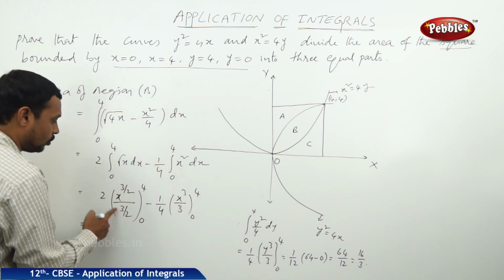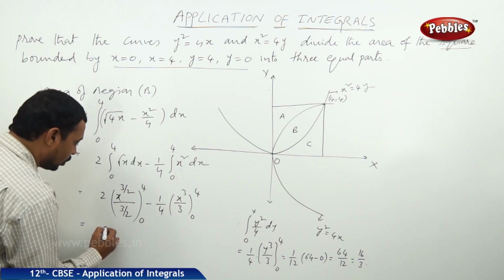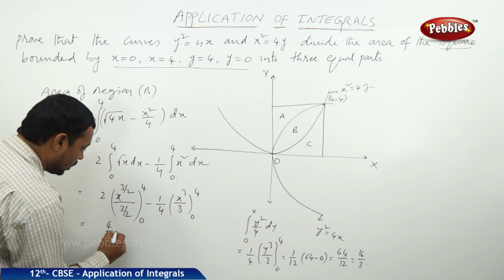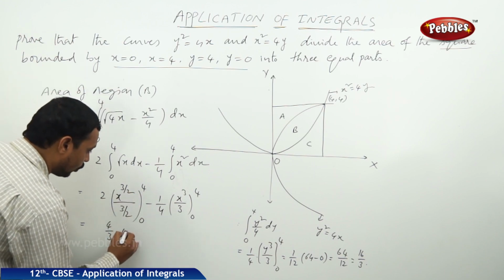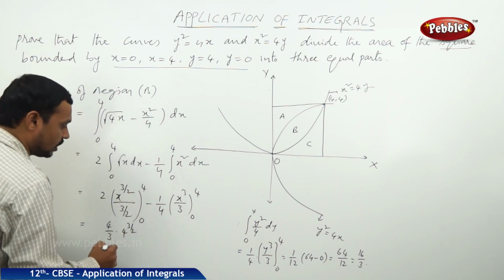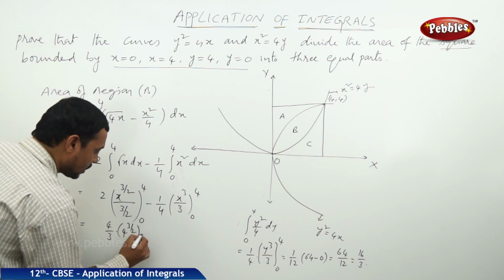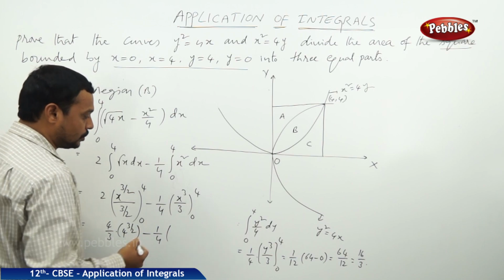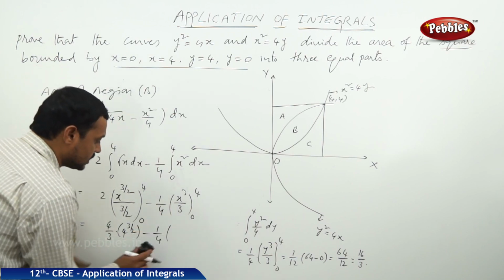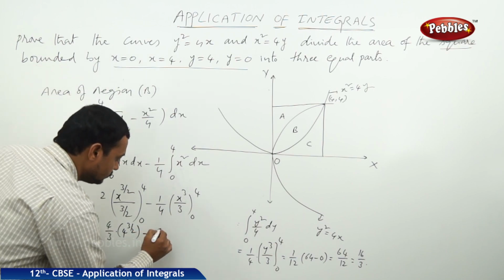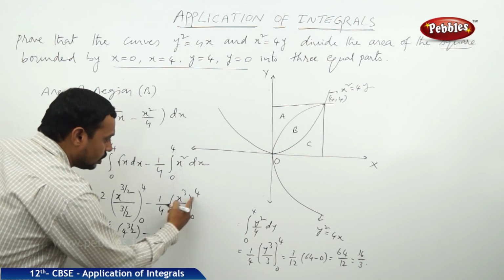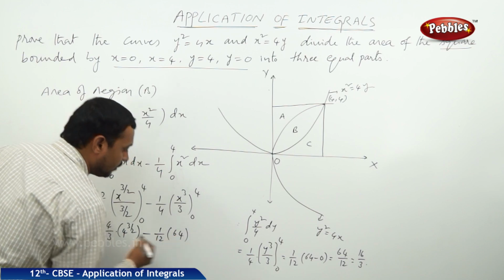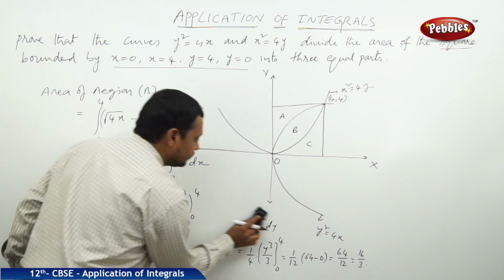Now, this is 2 by 3 by 2 is equal to 2 into 2 by 3, that is 4 by 3 into upper limit substitution 4 power 3 by 2 minus lower limit, it is already 0, minus 1 by 4 into 1 by 3, that is equal to 1 by 12 into upper limit substitution 4 cube, which is equal to 64, and lower limit is already 0.